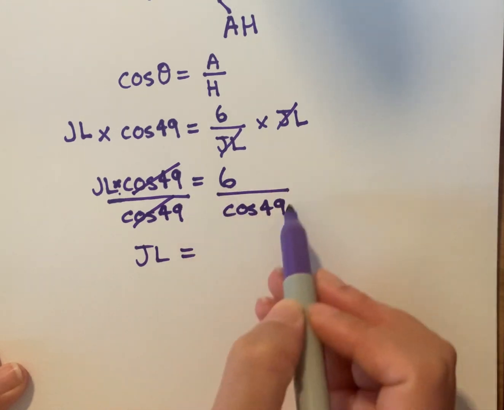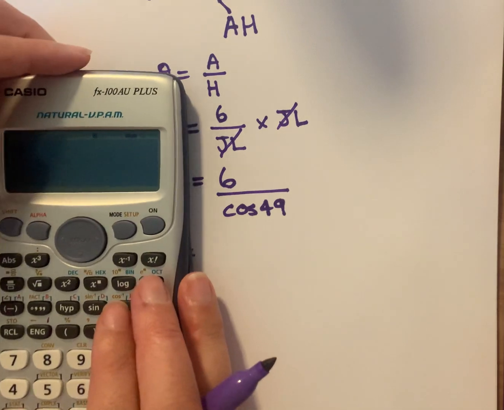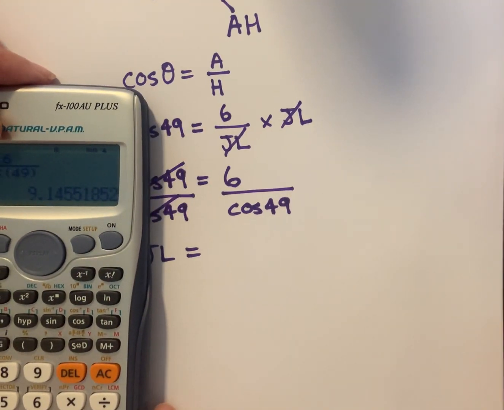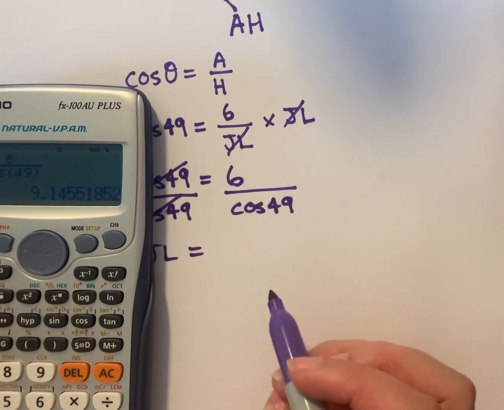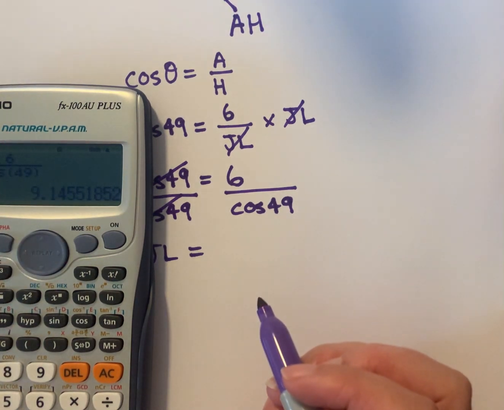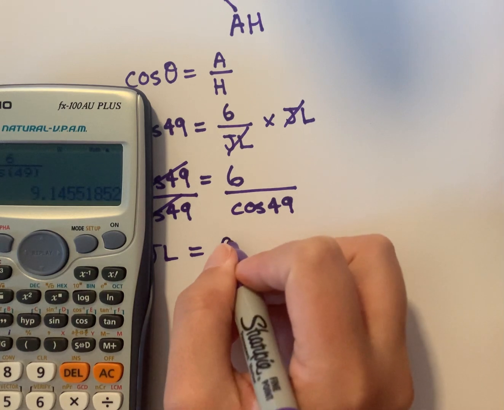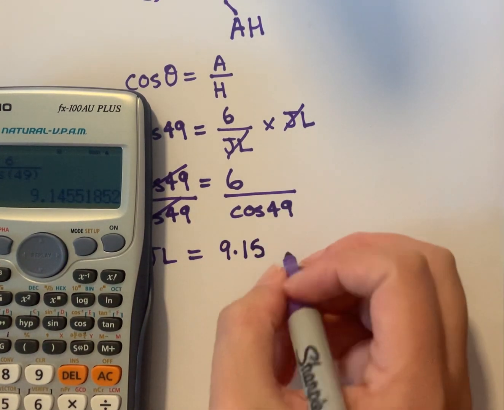On the right-hand side, we've got this expression, and it can just be evaluated on the calculator. We type in 6 over cos 49, and that comes out to be 9.1455, etc. But the question asked us to write our answer correct to 2 decimal places. So it's just 9.15. And our unit was meters.